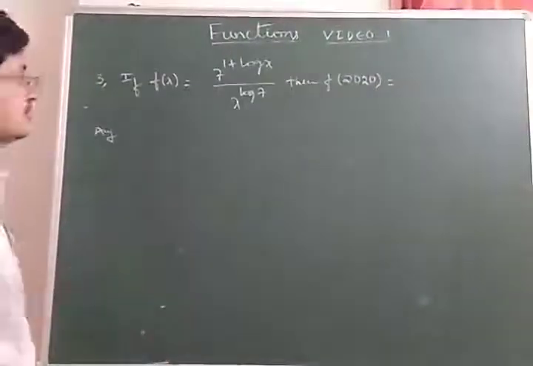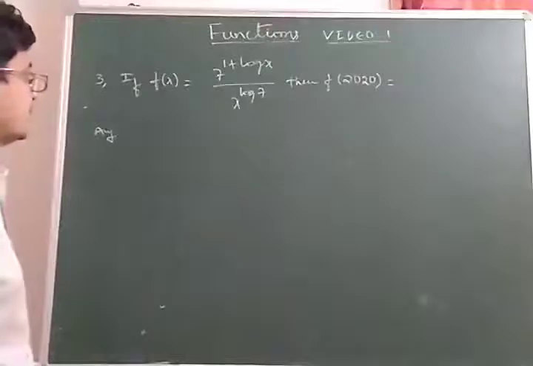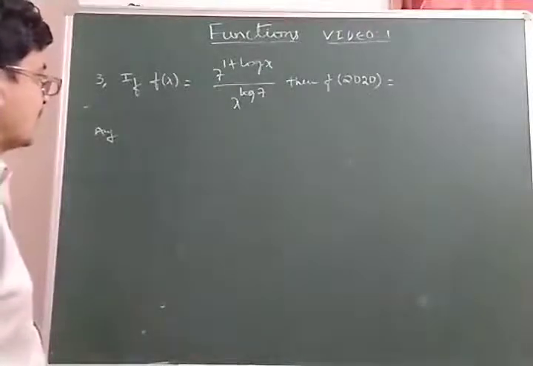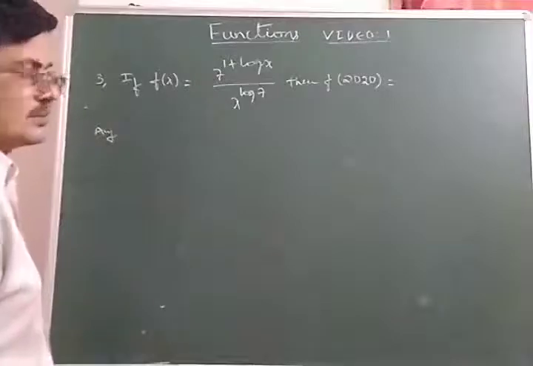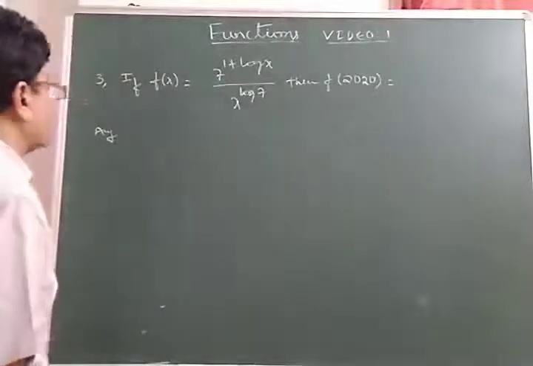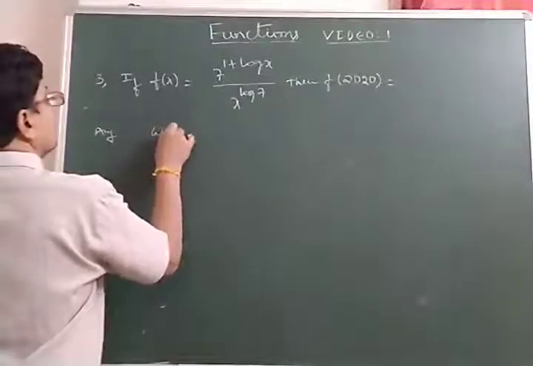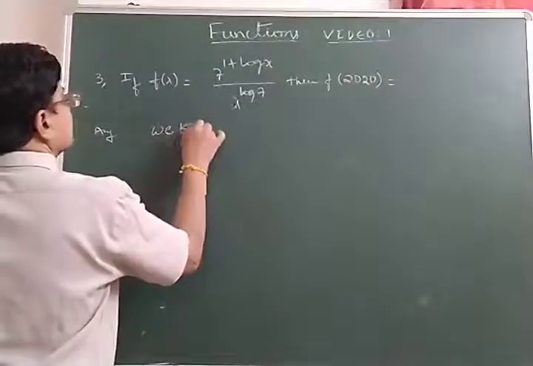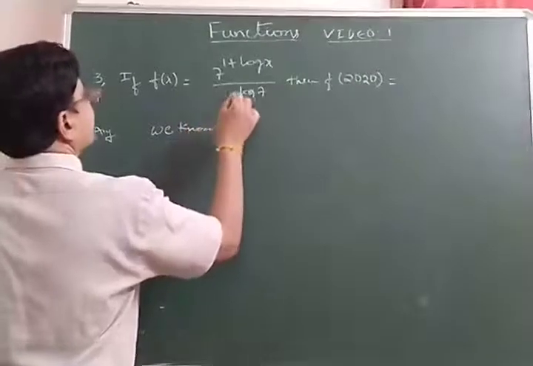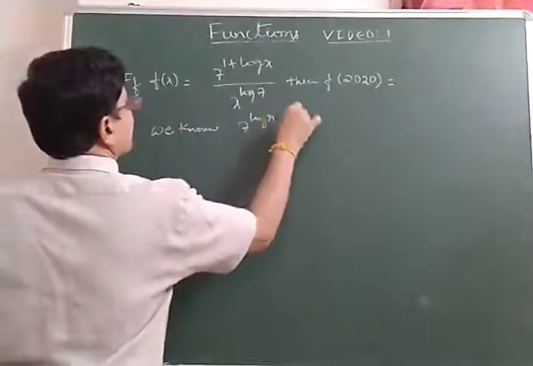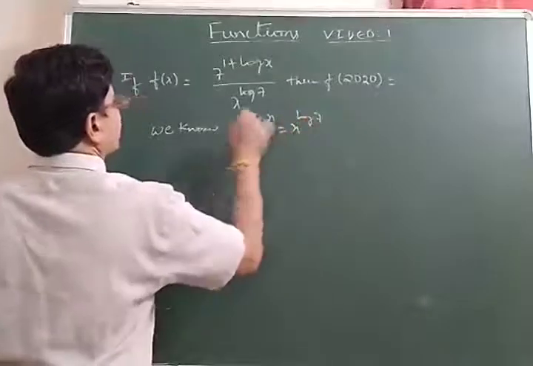Question number 3. If f of x is equal to 7 to the power of 1 plus log x, divided by x to the power log 7, then f of 2020 is equal to. We know from the definition of logarithm that 7 to the power log x is equal to x to the power log 7. Both are equal.